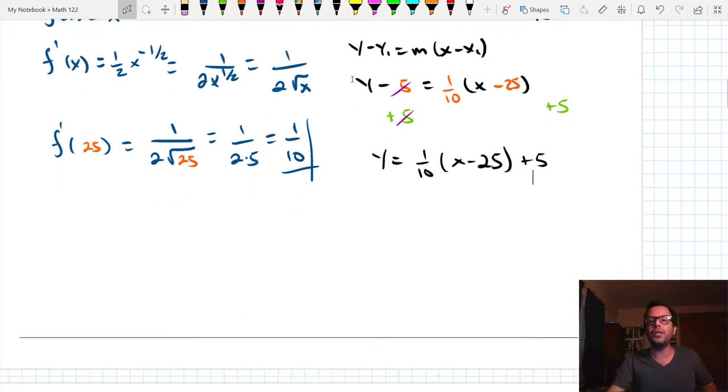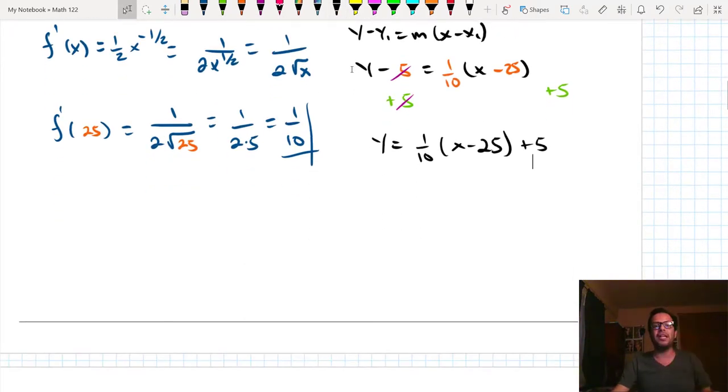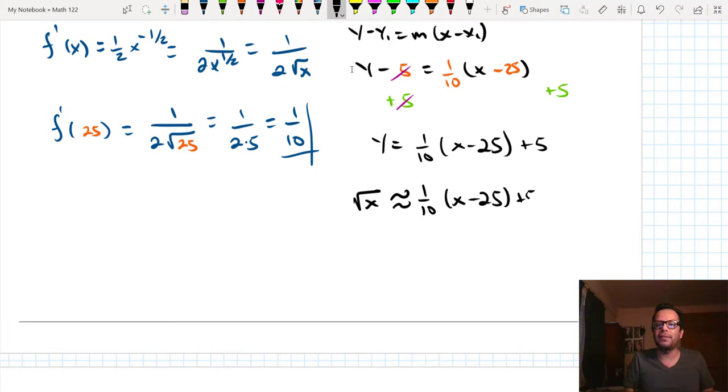We got the equation of the tangent line of the graph f of x equals square root of x at the point x equals 25. So going to our definition of a linear approximation, this means that the square root of x is approximately 1/10 times x minus 25, plus 5.